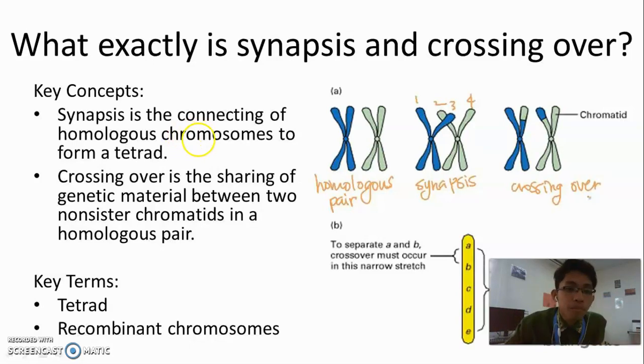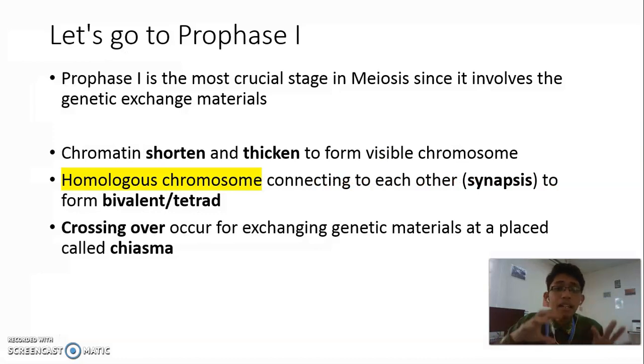And then when the tetrad or bivalent is formed between homologous chromosomes, the process to exchange genetic material occurs, yang kita panggil sebagai crossing over. Dan tempat where the crossing over occurs, kita panggil sebagai chiasma.